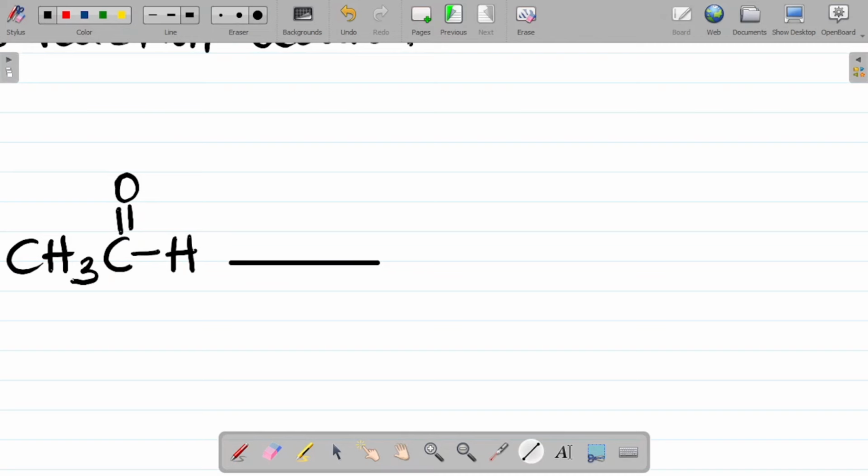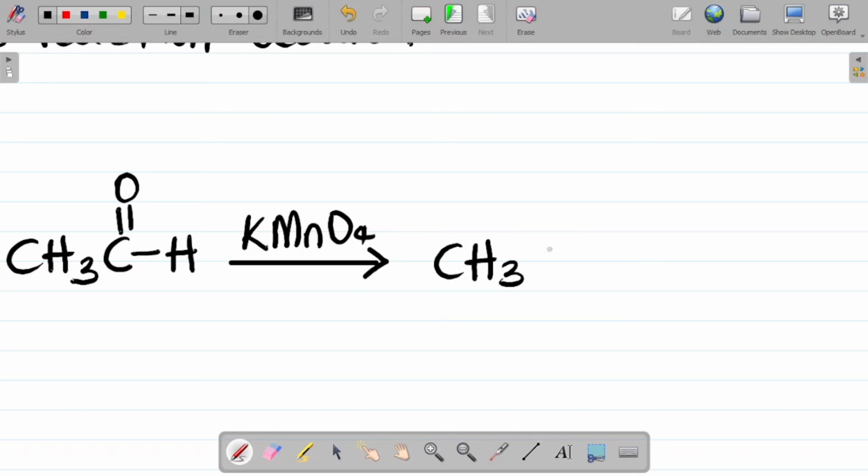On further reaction with potassium permanganate, KMnO4, you now have an ethanoic acid, which is CH3, C double bonded to O, and then OH.